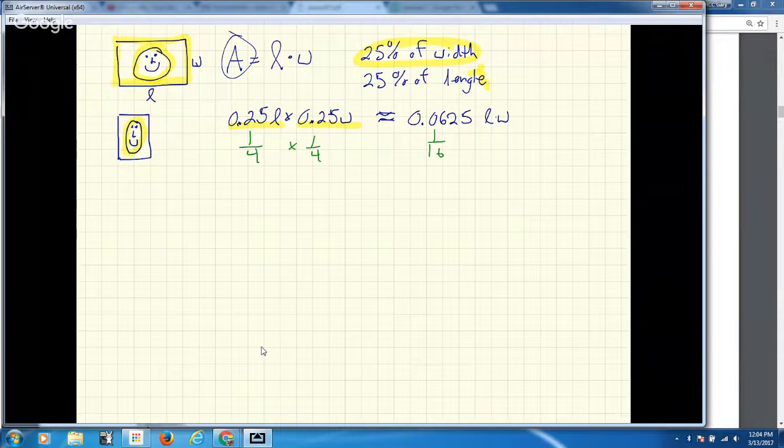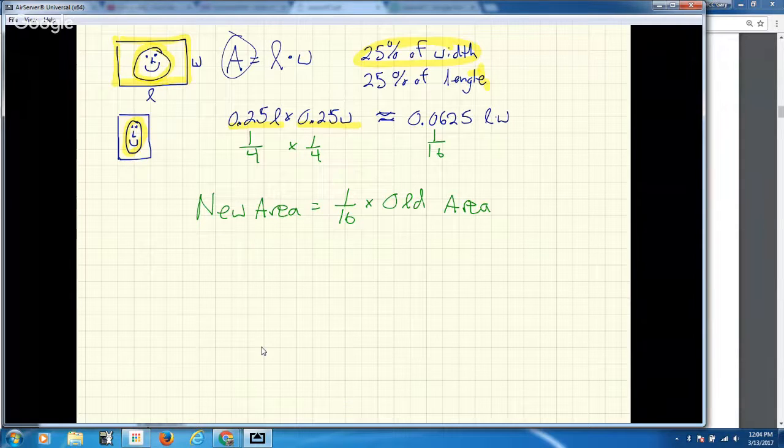So I end up with a new area that's equal to 1/16 of the old area. And so this ends up giving me a quadratic equation. The 1/16 came from 1/4 times 1/4.